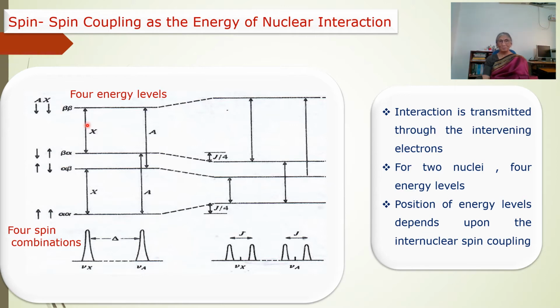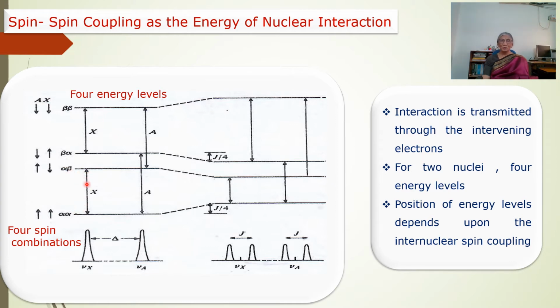Now suppose the two nuclei A and X do not couple. The energy separation between alpha alpha and alpha beta represents the transition for nuclei X, that is, the spin of X nuclei is changed here.